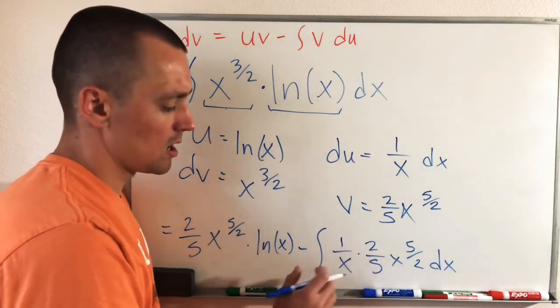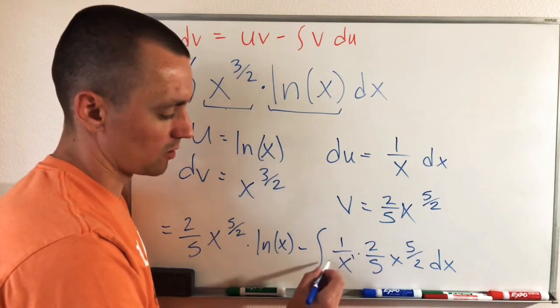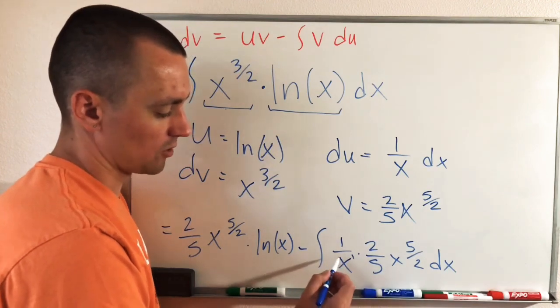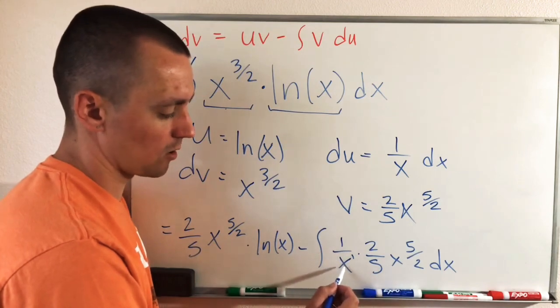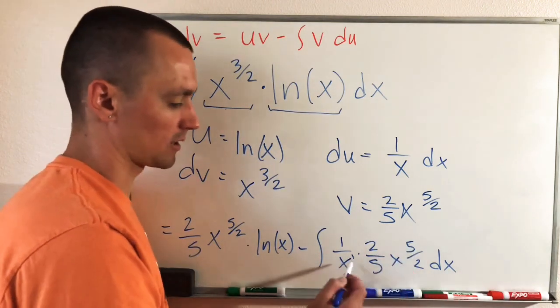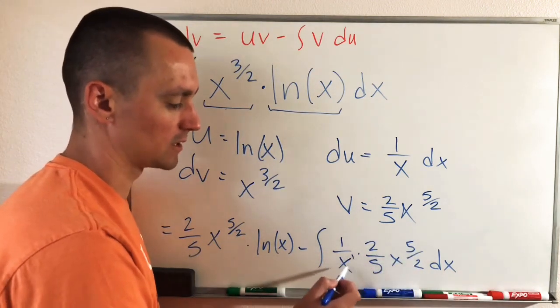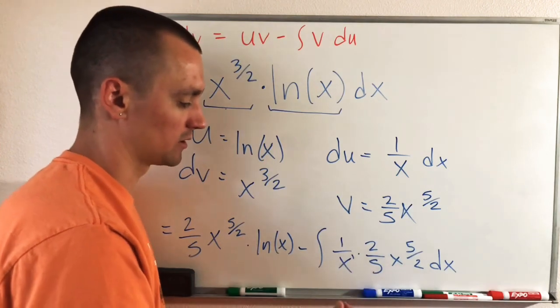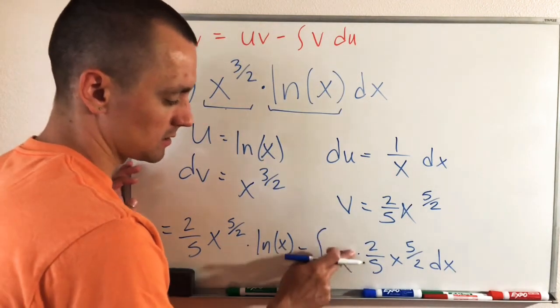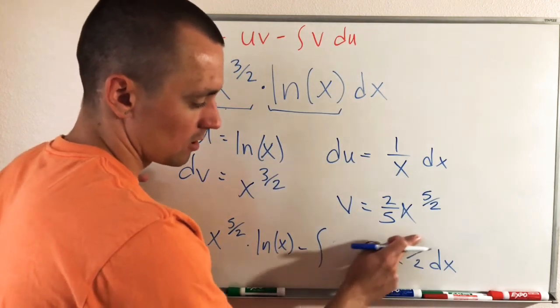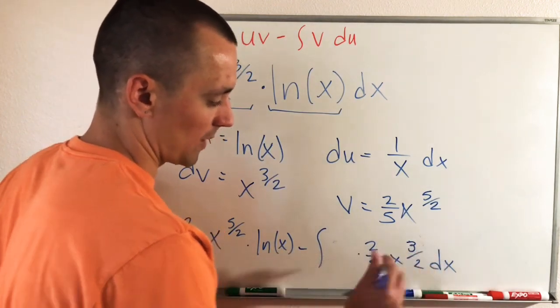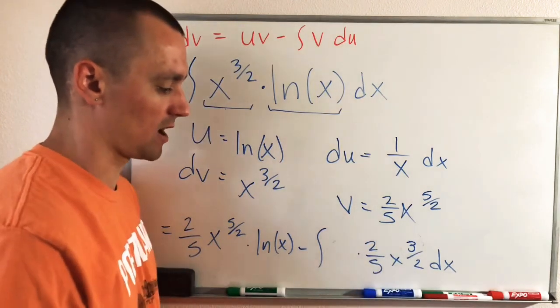Basically, x is like x to the 1 power, so we just subtract the powers: 5/2 minus 1, making it x to the 3/2.